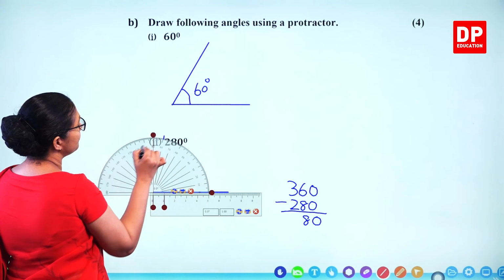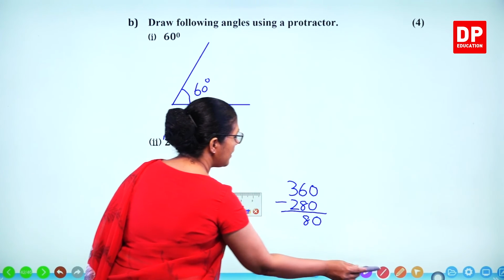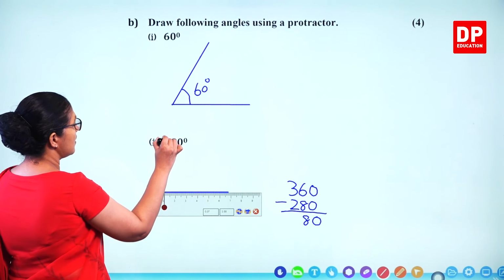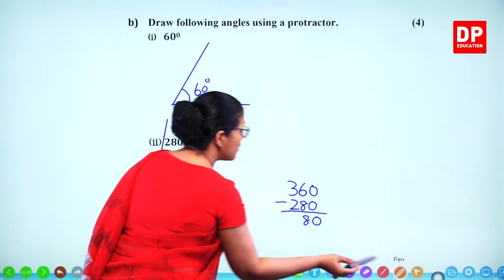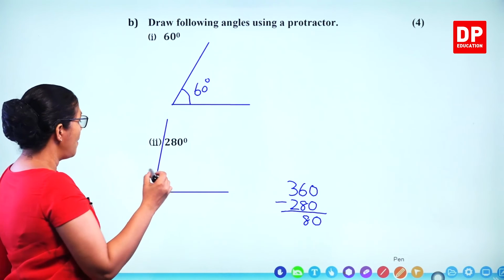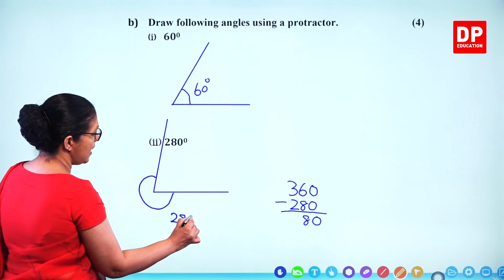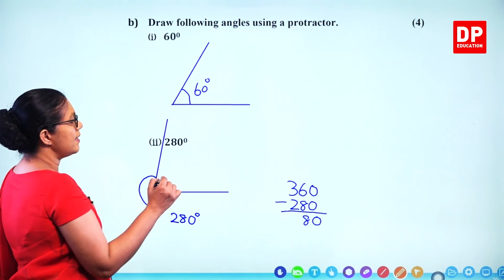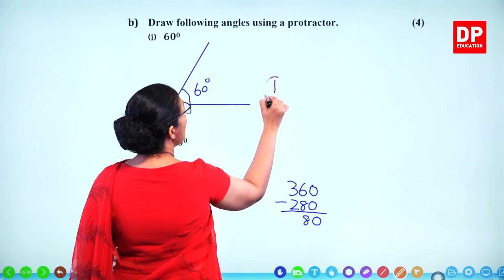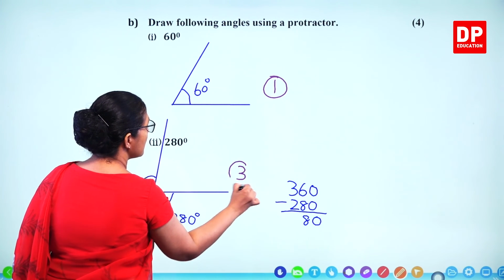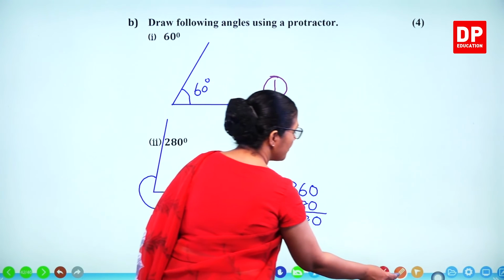From here. Now you can connect. And then to show the other angle, we have to mark this way. So this is 280 and this angle is 80. So we'll give 1 mark and 3 marks. This one you have to subtract and then draw it. 3 and 1.